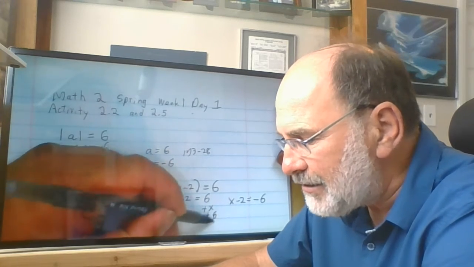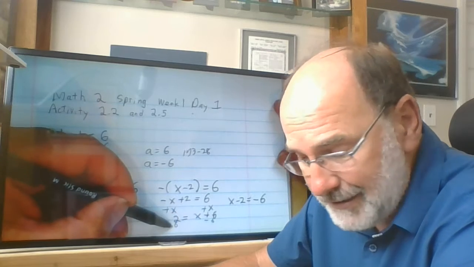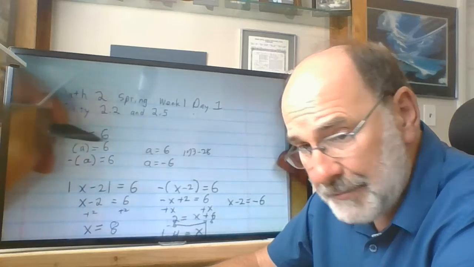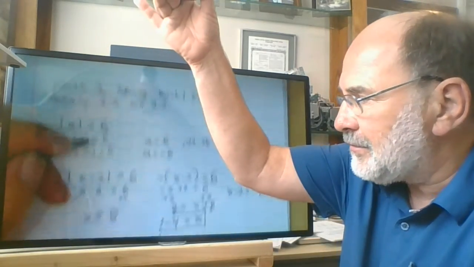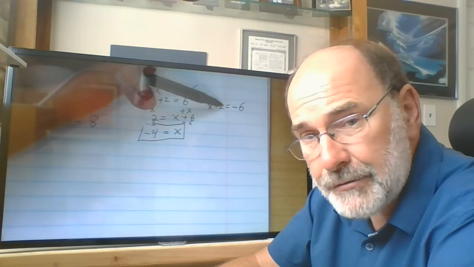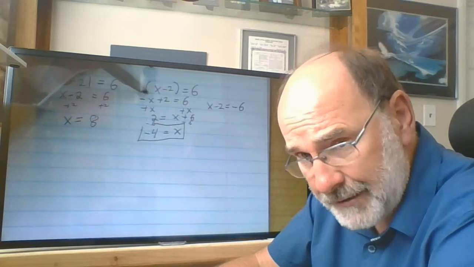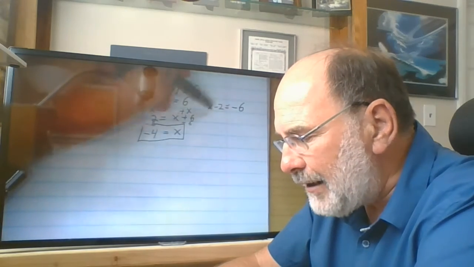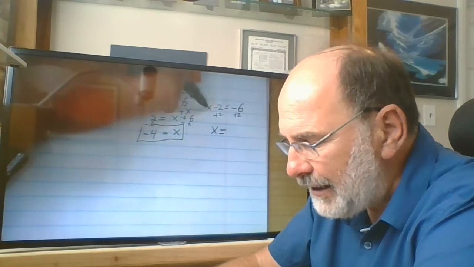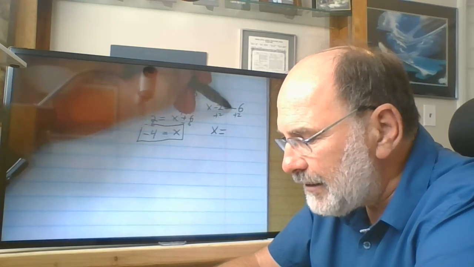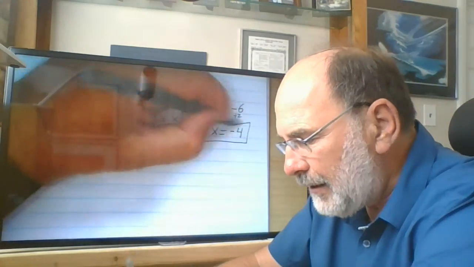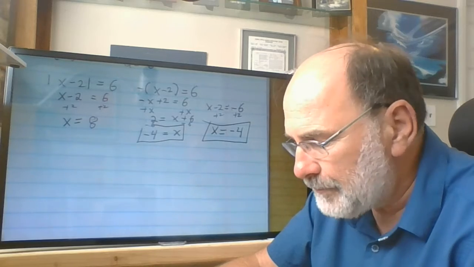I could then subtract 6 from both sides. 2 minus 6 means negative 4 equals x, and there's my solution. Negative 4 equals x. I'm going to have to scroll like this for you. Had I gone that other choice of first dividing everything by negative 1, now I would choose to add 2 to both sides, and it works out that x, when it's isolated by itself, negative 6 plus 2 is equal to negative 4. And once again, I get the solution.